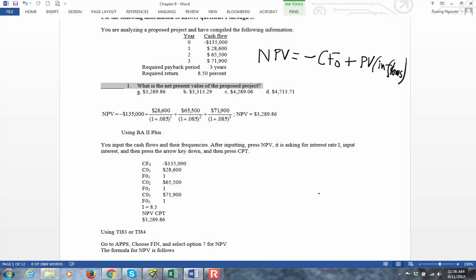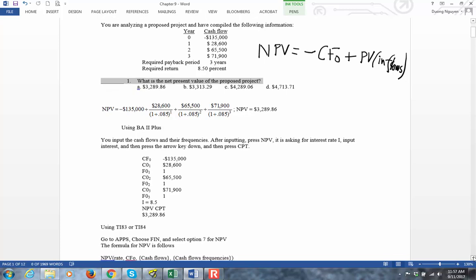Simply put 8.5 and then press the arrow key down one more time and you will see the NPV, and press compute. And you get the same answer as in the formula.